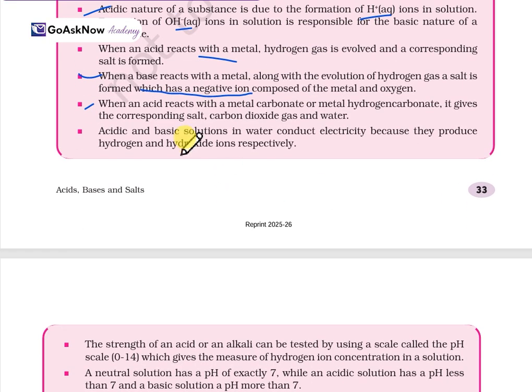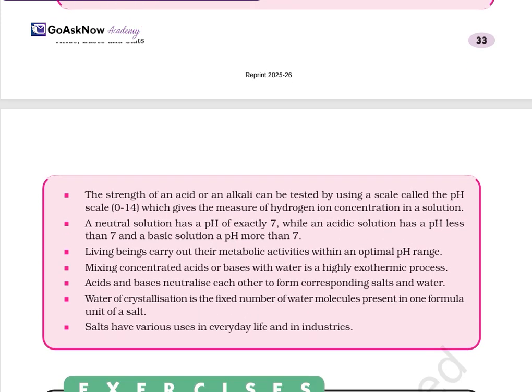Also, acidic and basic solutions in water conduct electricity because they produce hydrogen and hydroxide ions respectively. The strength of an acid or alkali can be tested using the pH scale, which goes from 0 to 14 and gives a measure of hydrogen ion concentration in the solution.